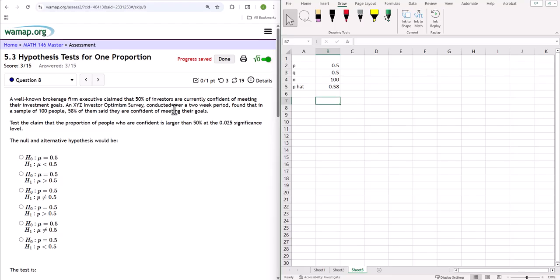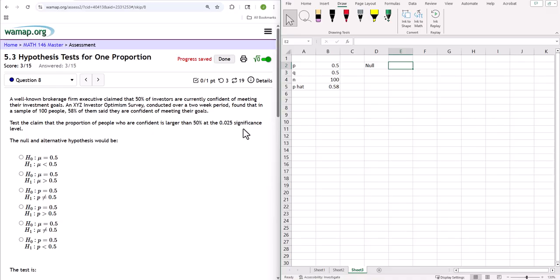So now, if we go back to our steps, the first step is to get our null and alternate hypothesis. So the null hypothesis, we have enough information here, almost actually. You have to read the next line. Test the claim that the proportion of people who are confident is larger than 50% at the 0.025 significance level.